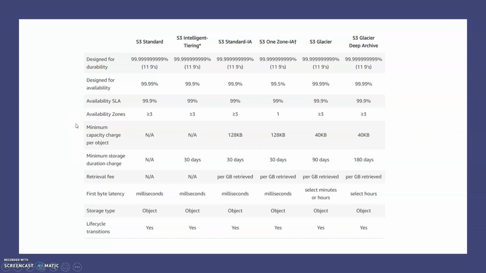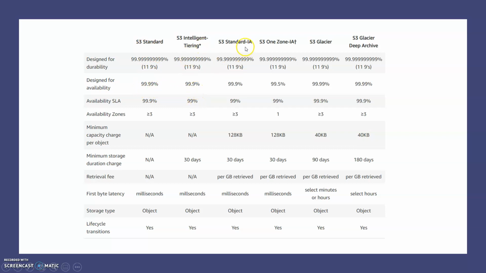So now you have seen all the different storage classes: S3 Standard, Intelligent-Tiering, Standard Infrequent Access, One Zone Infrequent Access, S3 Glacier and Deep Archive. All are designed for durability of 11 nines. But if you look at the design for availability, S3 Standard has the highest availability of 99.99%.